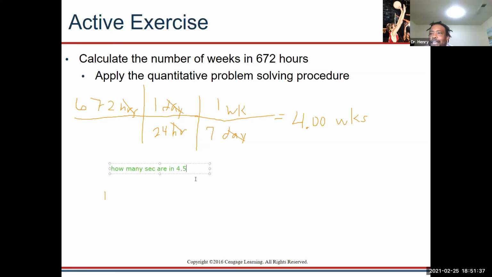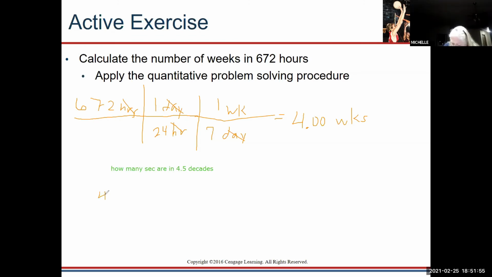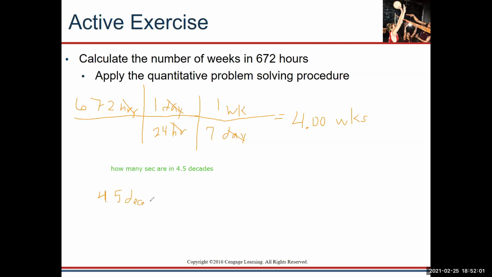Okay, so how many seconds are in 4.5 decades? So 4.5 decades over 1.